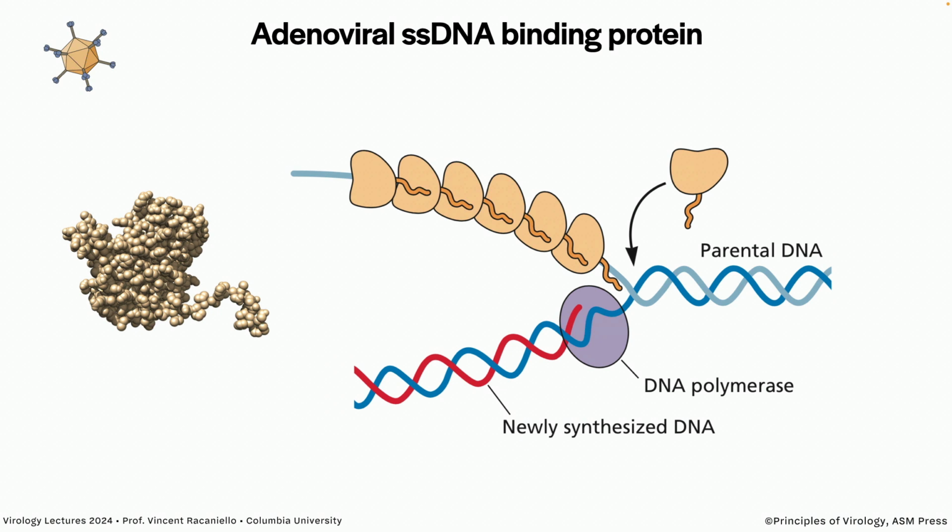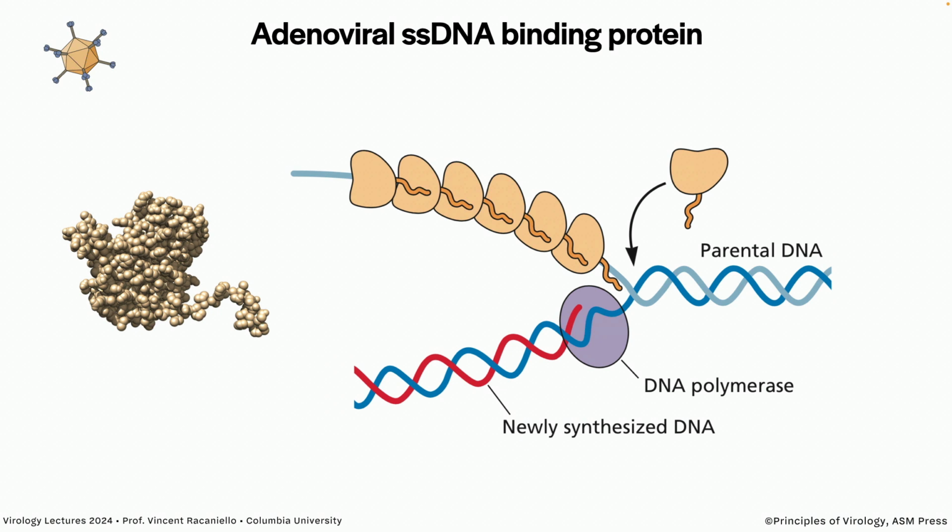And as that top strand is displaced, it's bound up by this single-stranded DNA binding protein, which keeps it from base pairing with other DNAs that are in the cell. Obviously, there are a lot of viral DNAs floating around, including complementary ones. And so this keeps it denatured. And then that continues until that top strand is completely displaced and the ends form that double-stranded structure that I showed you in the previous slide.